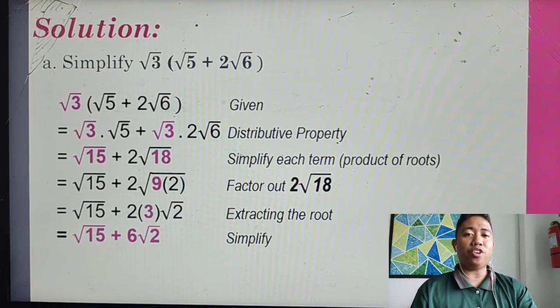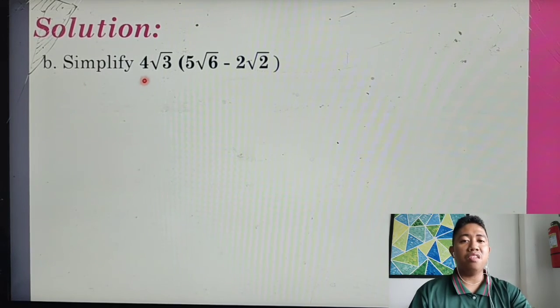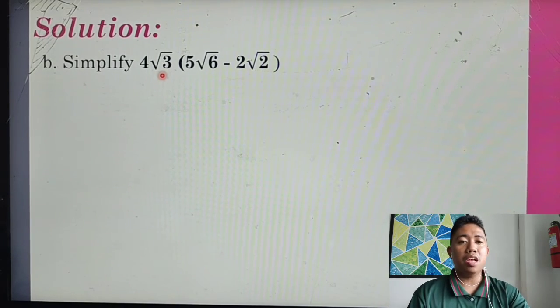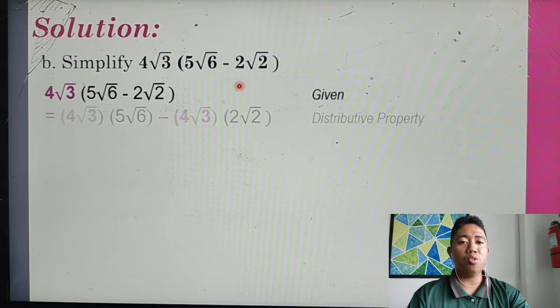How about for letter B? We are going to simplify 4 times the square root of 3 multiplied by the quantity of the two terms, 5 square root of 6 minus 2 square root of 2. To simplify the given radical expression using multiplication, we apply the distributive property.